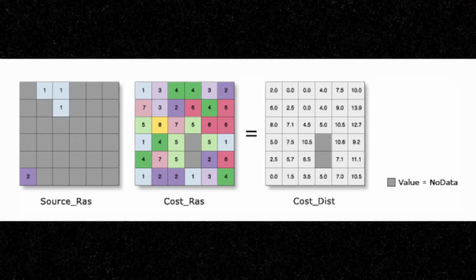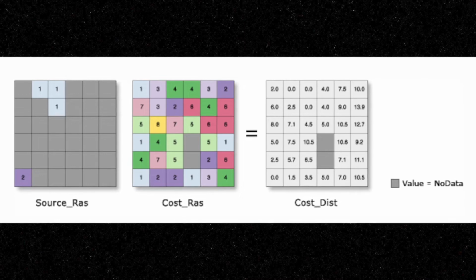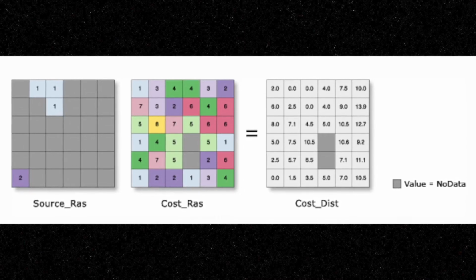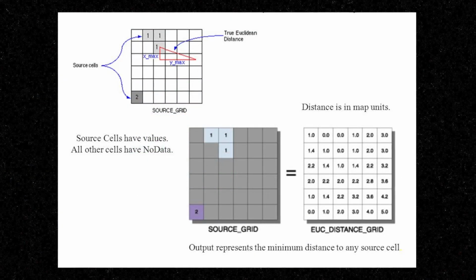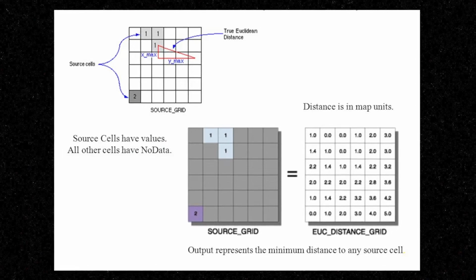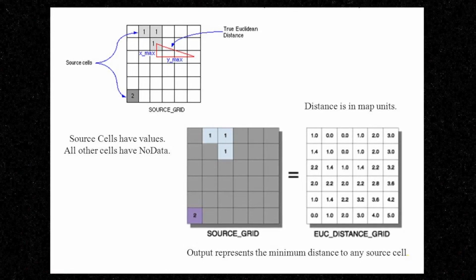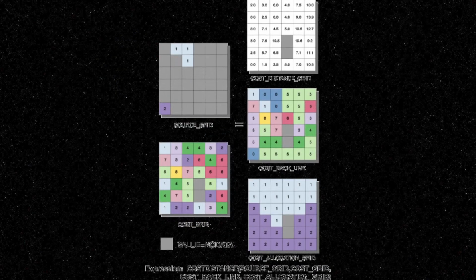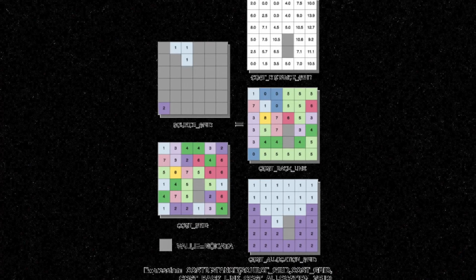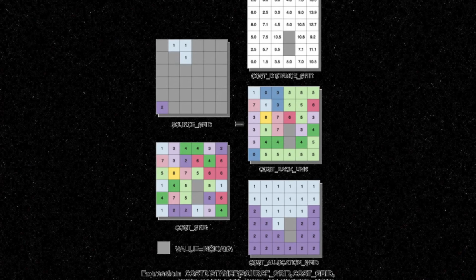A source raster is a raster that defines the source to which the least cost path from each cell is calculated. This means the source raster defines where the least cost path is going, and the source cell is the end of that path. In the source raster only the source cell has a value and all others are given a no data value.